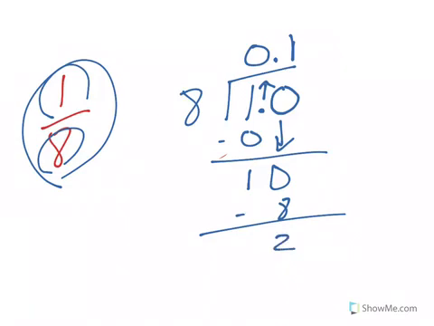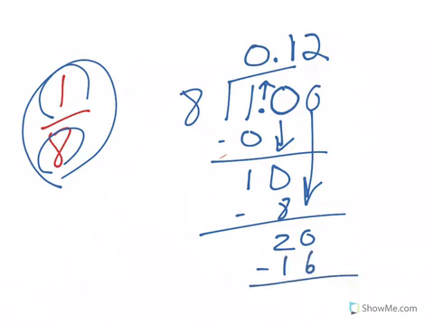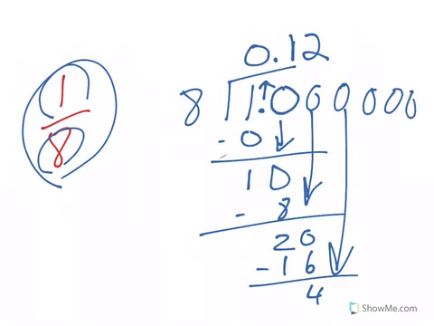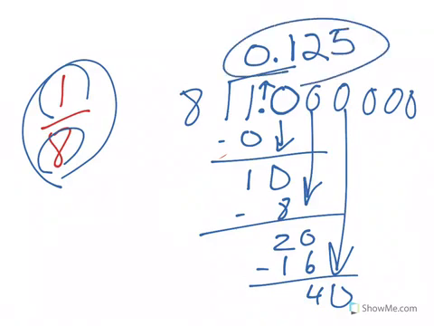I subtract, I get 2. Bring down another 0. 8 goes into 20 2 times. 2 times 8 is 16. Subtract, I get a 4. I can bring down another 0. I can bring down as many zeros as I want after the decimal, right? Bring down that 0. 8 goes into 40 5 times. 40, subtract, get 0, we're done.